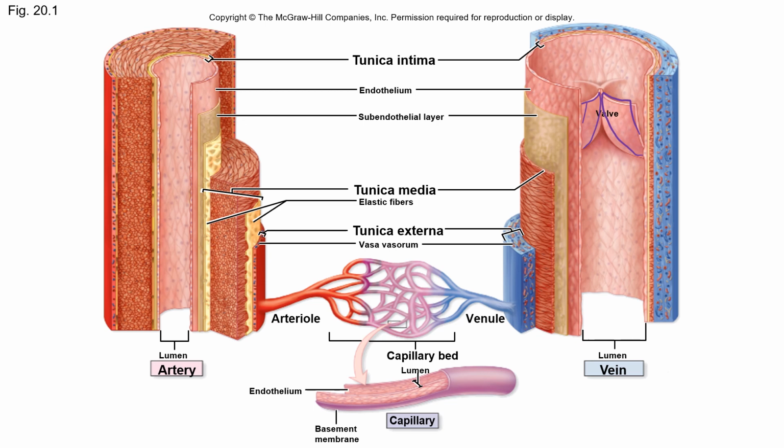Okay? Why do we have valves in our veins? Because by the time blood has traveled through the artery, through the capillary bed, and gets to the vein, it's run out of all of its blood pressure.